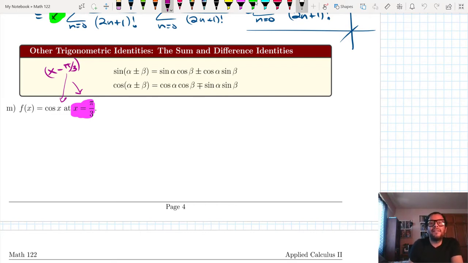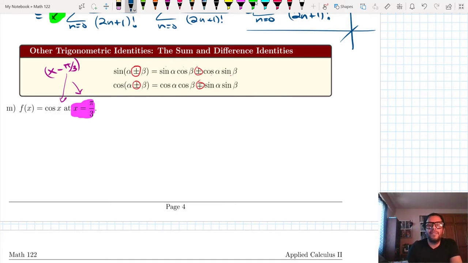So if we have the sum or difference with sine, we are going to have sine alpha cosine beta plus or minus cosine alpha sine beta. Notice the plus goes with the plus, the minus goes with the minus. Otherwise, when we have cosine, the plus minus gets inverted. If we are given a plus, then we change to minus. If we're given a minus, we turn into a plus. Let me give you a quick example.